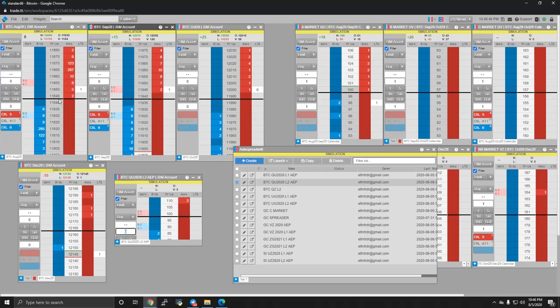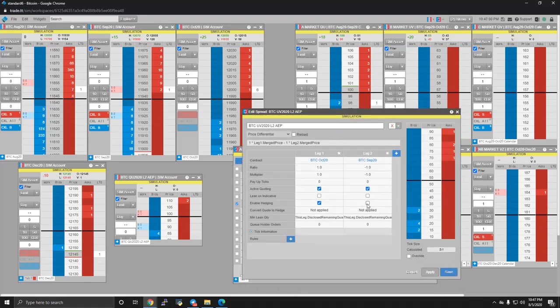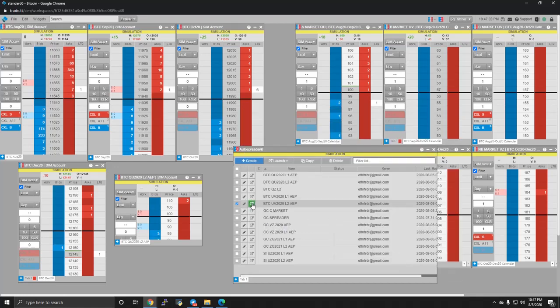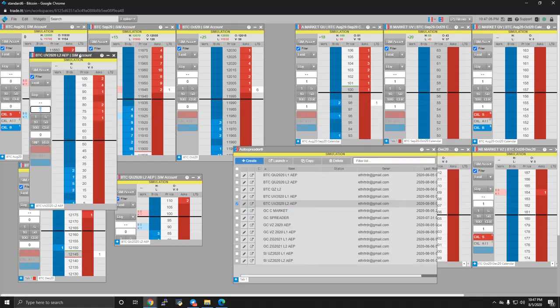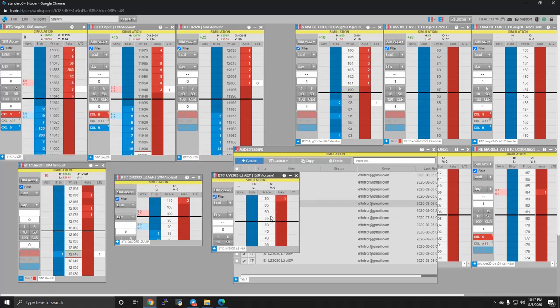So now we see we're populating the books in the outright markets, and then we can build our UV spread, and I'll make this quote both legs, and then we can launch the UV spread, and we're going to work this market at 45 bid, and we're going to offer at 70. 45 at 70 for this spread.